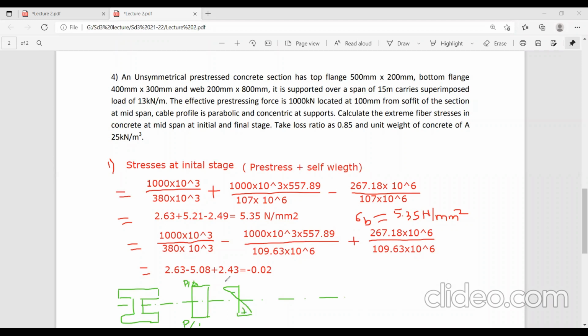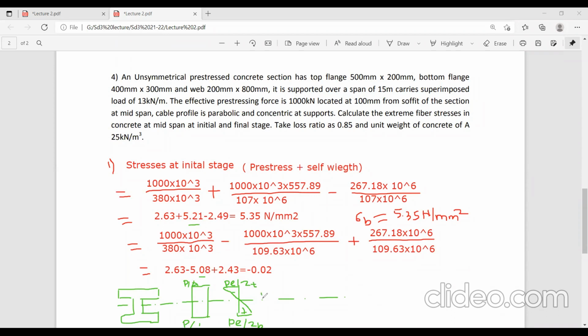So this one is P by ZT and P by ZB. Are you able to see this diagram, student? P by ZT is 5.08 and P by ZB is 5.21.